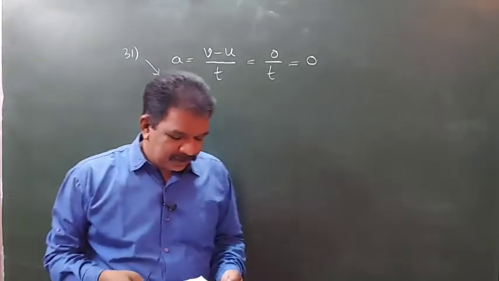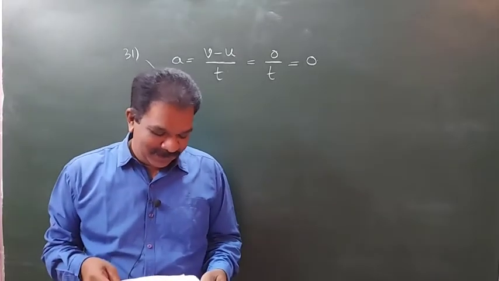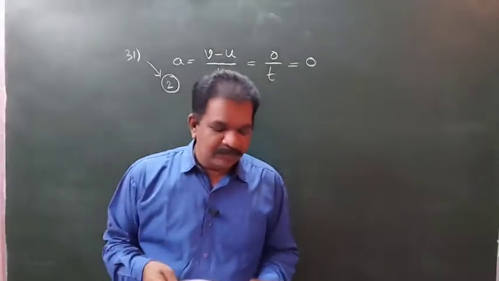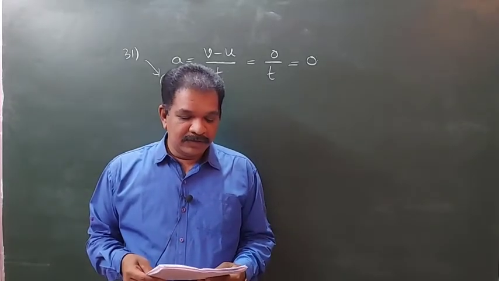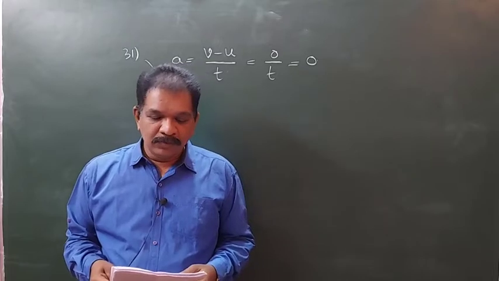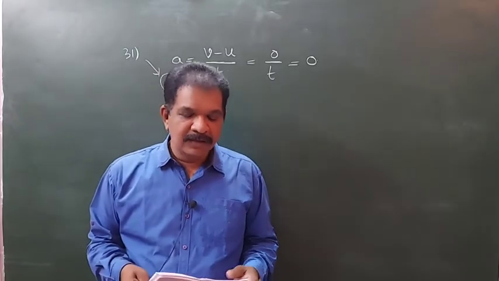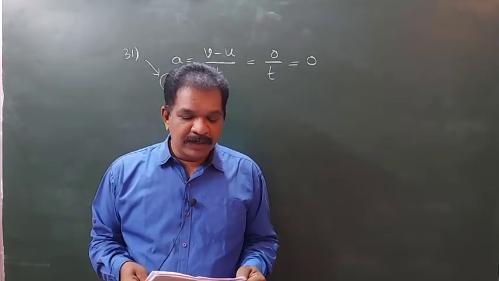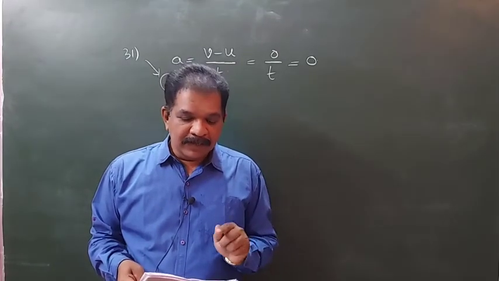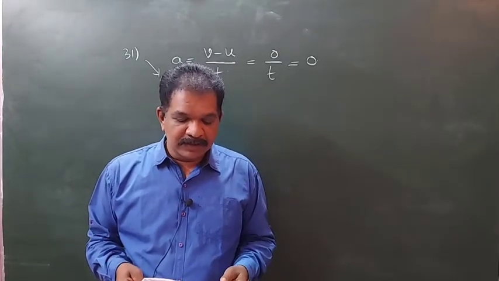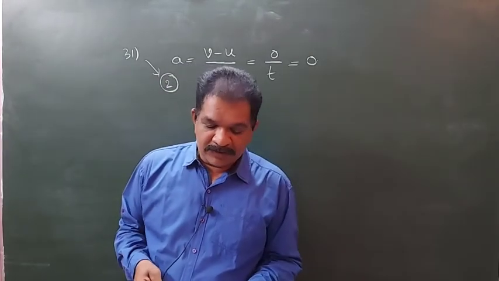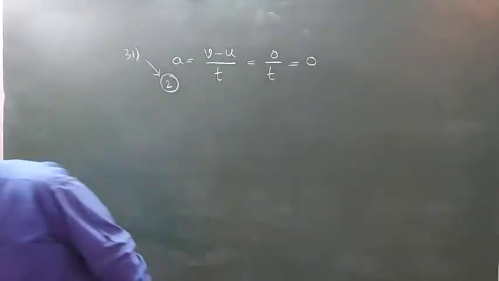Next. 32 graph question, leave. 33 graph question, you leave. Next 34 you see. The position of a particle moving along the x-axis varies with time according to the expression x is equal to 3t square, where x is in meter and t is in second. Evaluate its position at t is equal to 3 seconds. Simple question only.